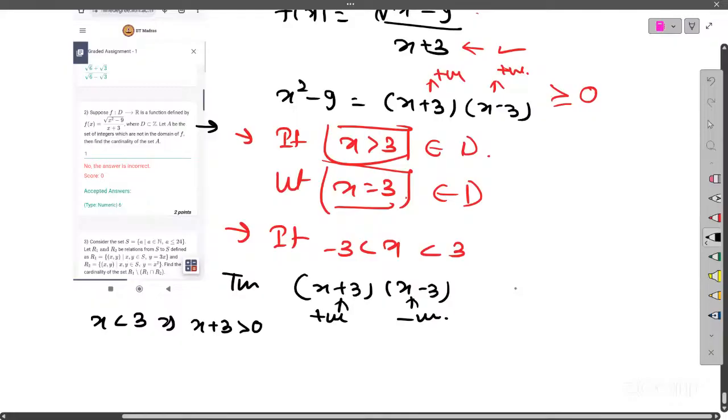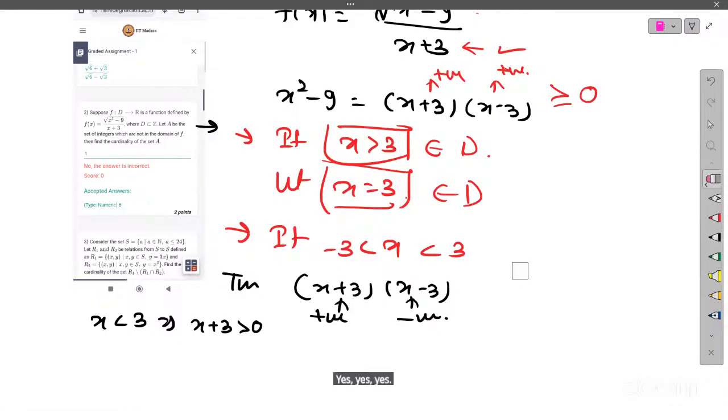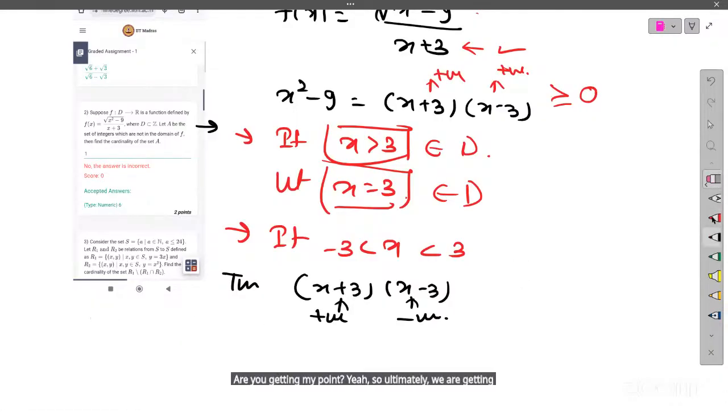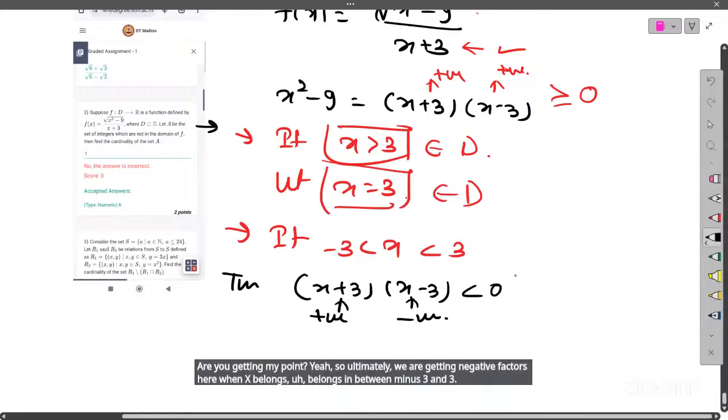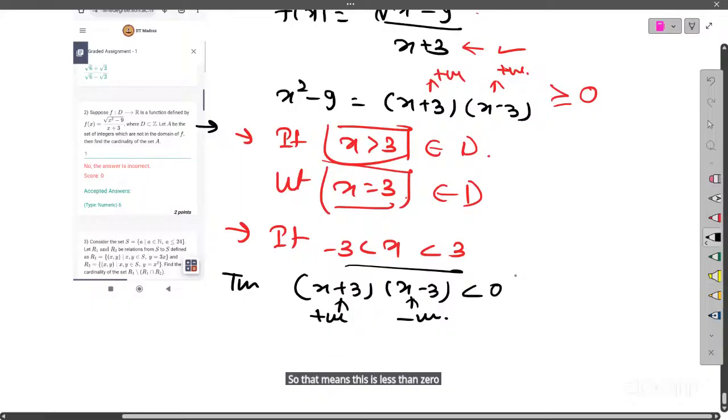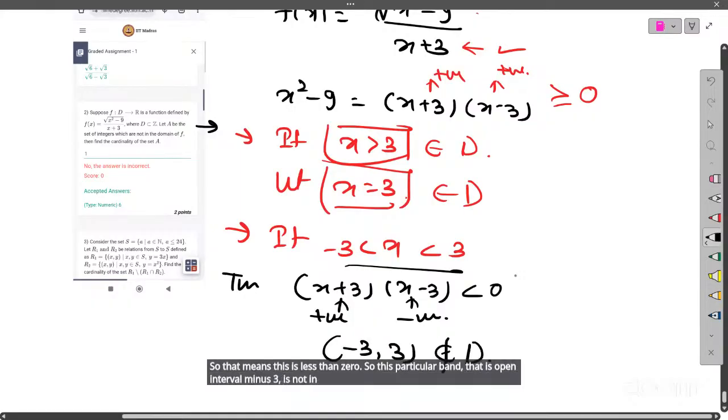Are you getting my point? Yes. So ultimately, we get a negative value here when x belongs between minus 3 and 3. So this is less than 0. So this particular band, the open interval minus 3 comma 3, is not in the domain. That for sure we can say.